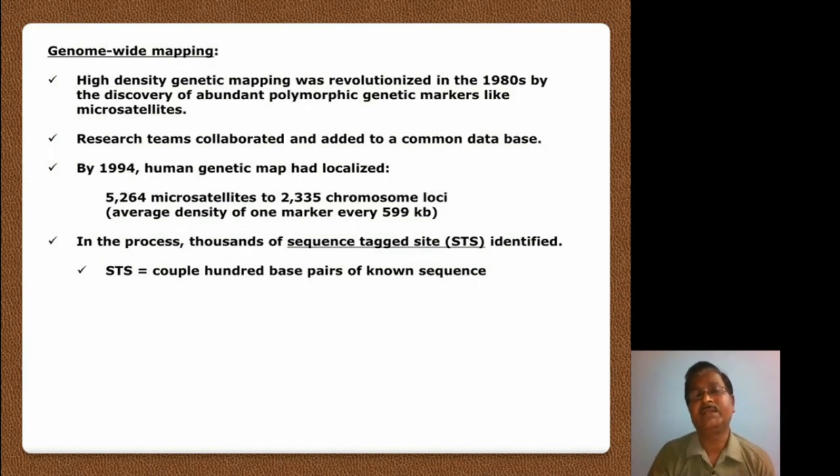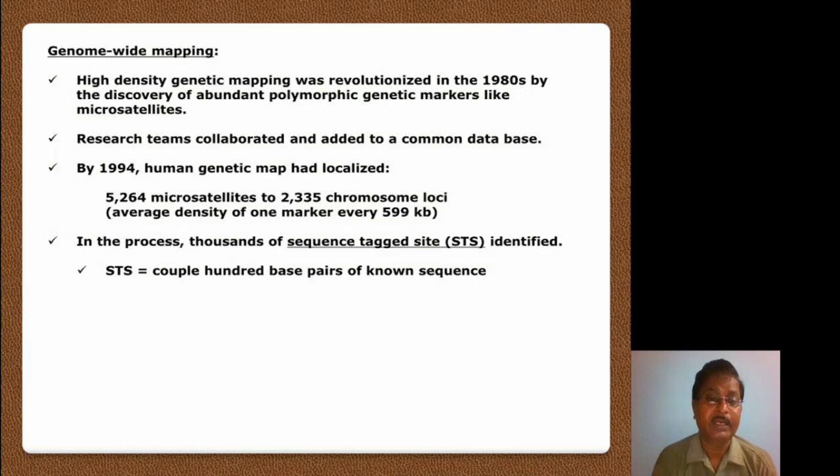High density genetic mapping was first revolutionized in the 1980s by the discovery of abundant polymorphic genetic markers like macrosatellites and microsatellites. Research teams collaborated and added to a common database.